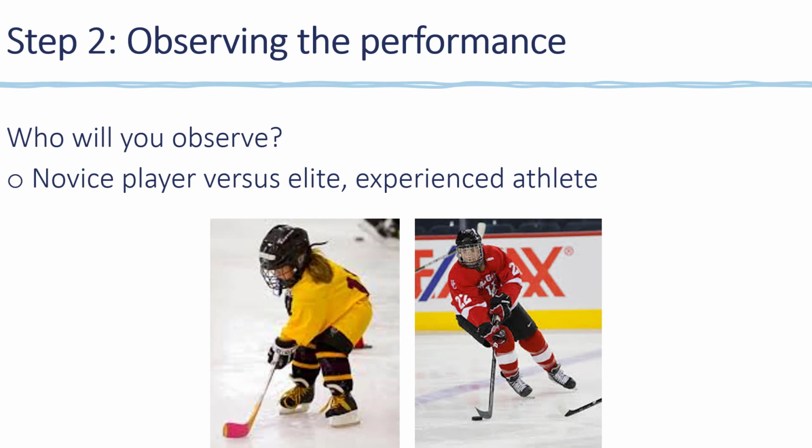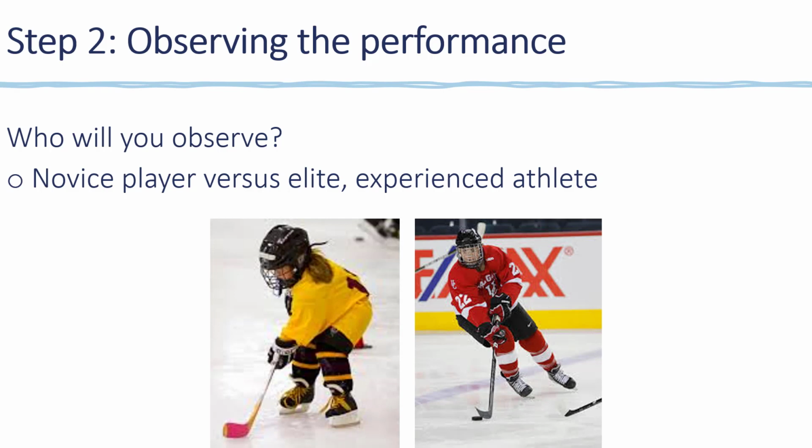So who you will observe may affect the manner in which you observe and conduct your analysis. As skill level increases, the size of observable error in technique decreases, as does the variability in the performance.